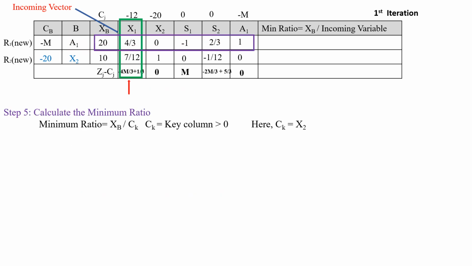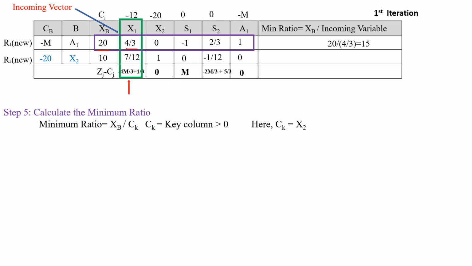Next we calculate the minimum ratio of xB divided by the coefficient of the incoming variable. First, for the first row, the xB value is 20 and the incoming variable value is 4 by 3.